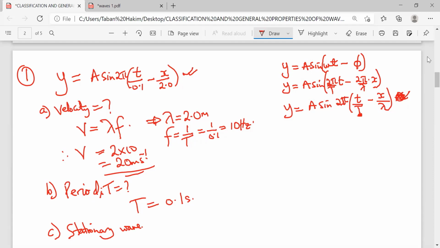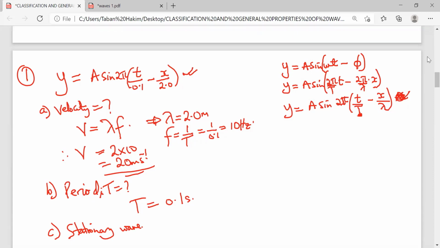What is a stationary wave? What do you remember? The waves formed when two waves of equal frequency and amplitude traveling at the same speed in opposite directions are superposed, resulting in the formation of nodes and antinodes.